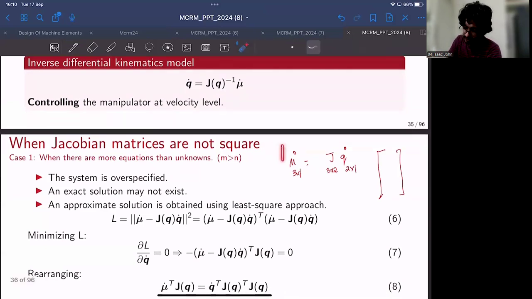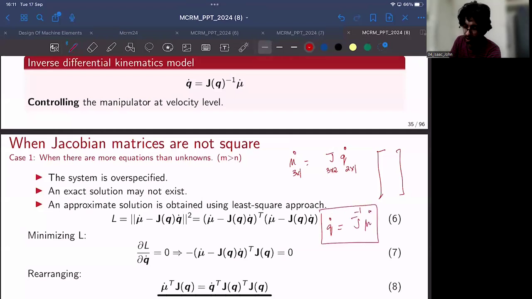In this case, there are more equations than unknowns, and the unknowns are the joint variables. Q dot would be obtained by J inverse mu dot. But since J is not a square matrix, J inverse does not exist. So what do we do? In the case where M is greater than N, where the Jacobian is a tall matrix with more rows than independent columns, you would find the left pseudo inverse.